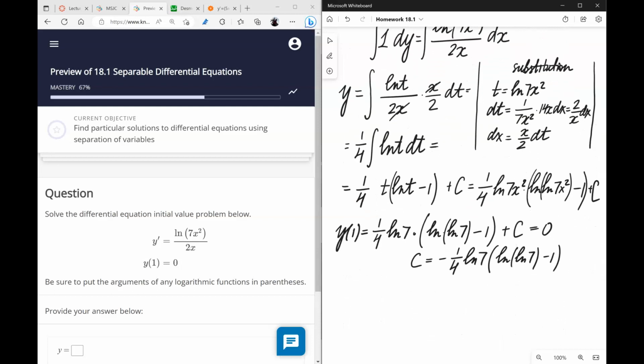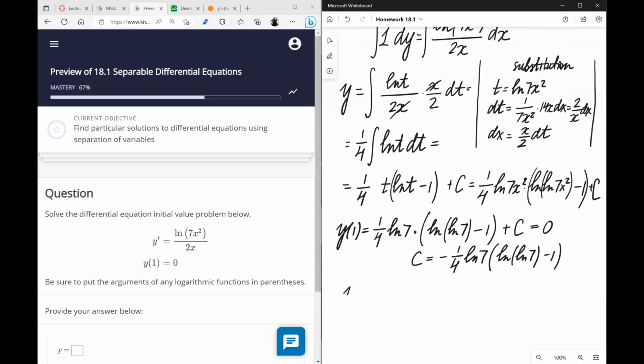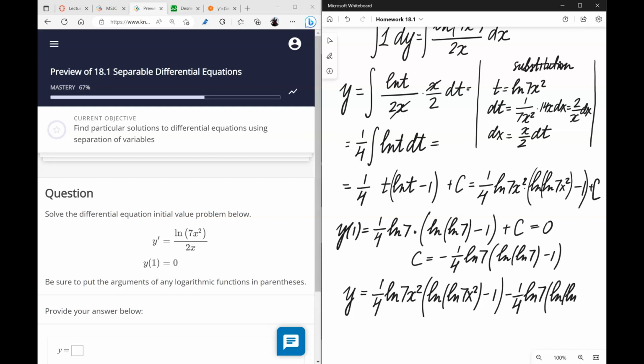Meaning that the original function would be equal to 1/4 ln of 7x squared times ln of 7x squared minus 1 plus c, but c is what we just found earlier, so it's -1/4 ln of 7 ln of 7.